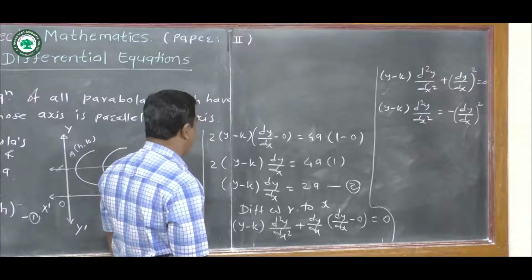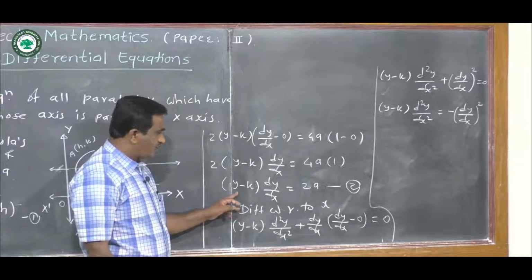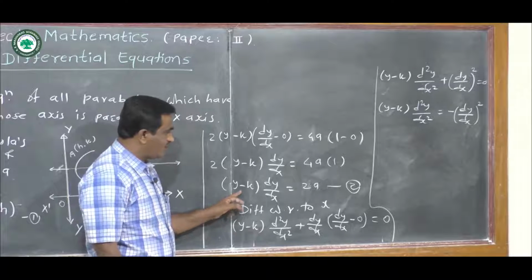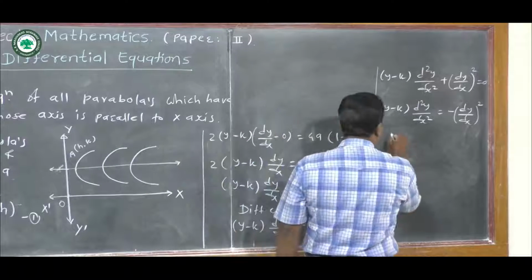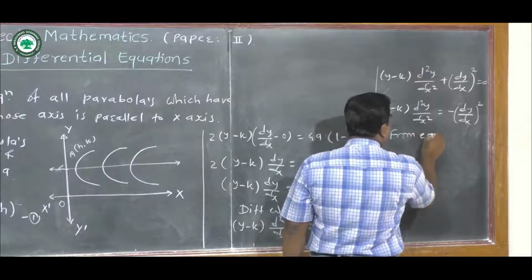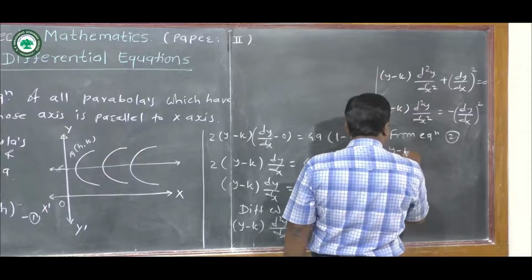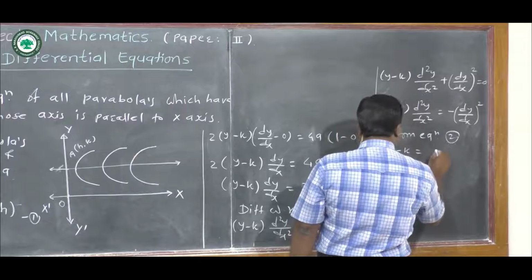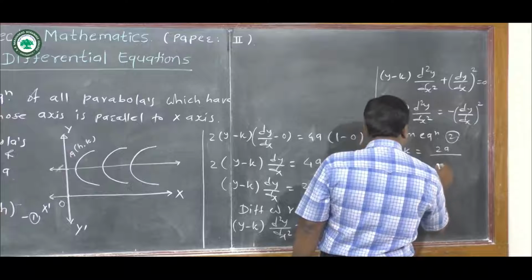Now we want the value of y minus k, which we get from equation 2. (y minus k) is equal to 2a upon dy by dx.